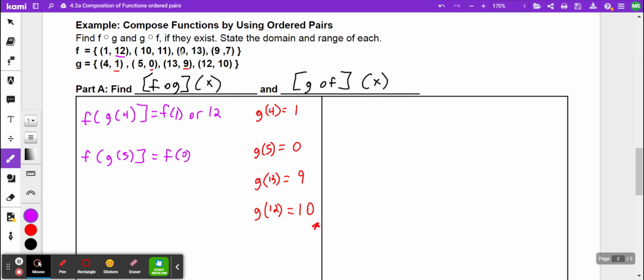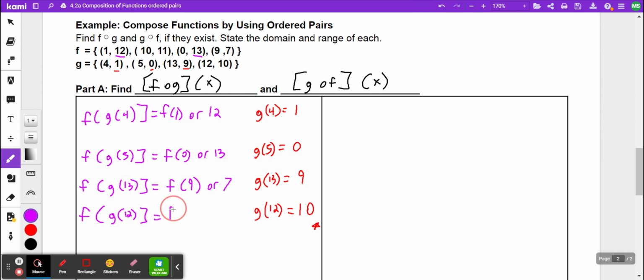What happens if we plugged in 0? We get 13. And if we plug in f of g of 13 right here, we should get f of 9, also known as 7. And finally, if we plugged in 10, because that's what we get when we do g of 12, we should get 11.